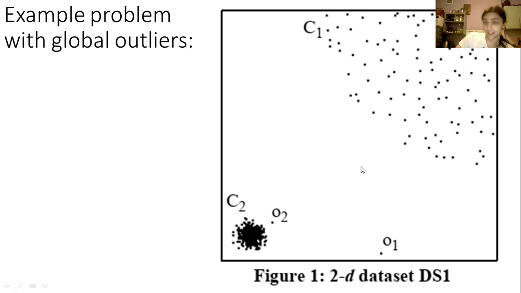But for other outlier detection algorithms, O2 is not an outlier because the distance between O2 and another point in cluster C2 is actually equal to the distance between points in cluster C1, and C1 is a cluster that has no outliers.